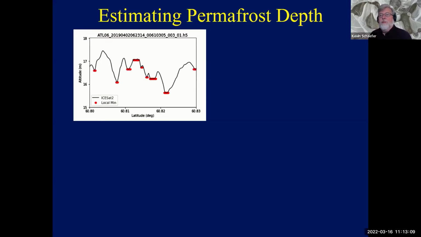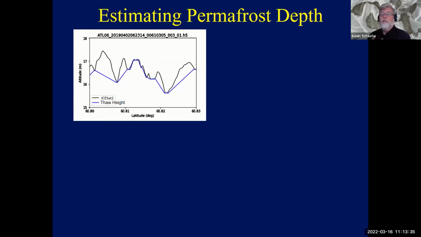The first thing we did was apply an algorithm that identifies local minimums. And these local minimums, theoretically, are the thermokarst gullies themselves. The next thing we do is we connect these local minimums to get what I'm calling the thaw height. Now, this is the height of the surface if all of the permafrost instantaneously thawed.